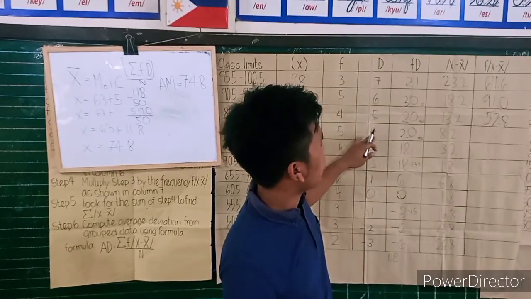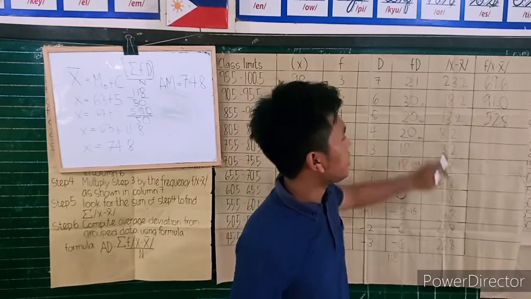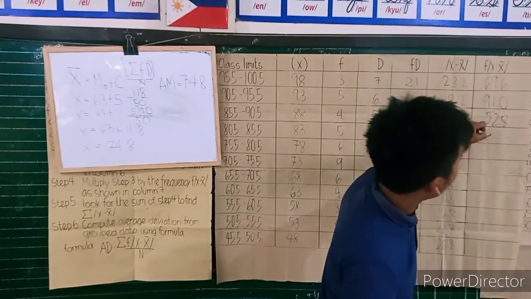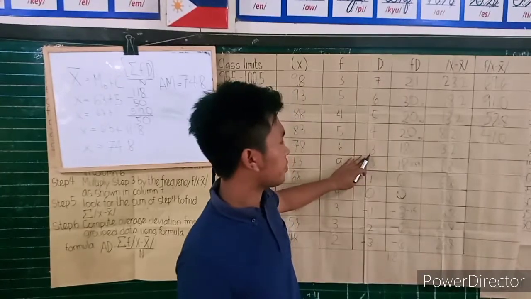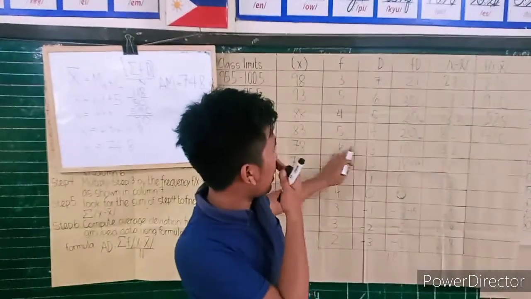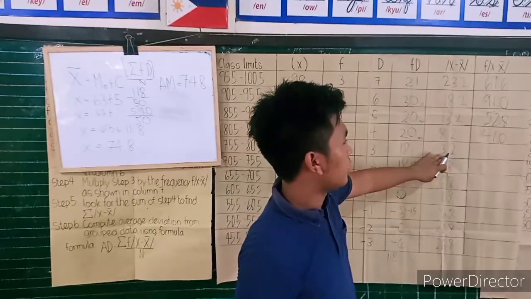Okay. And number 5, I mean number 5. Okay. Then 4 times 8.2, we have 41.0. Okay. In 6, we have 6 times 3.2. Okay.